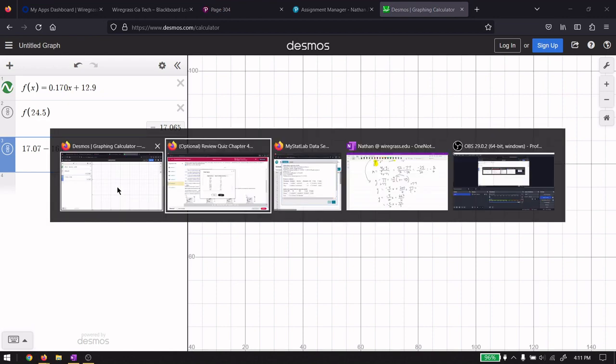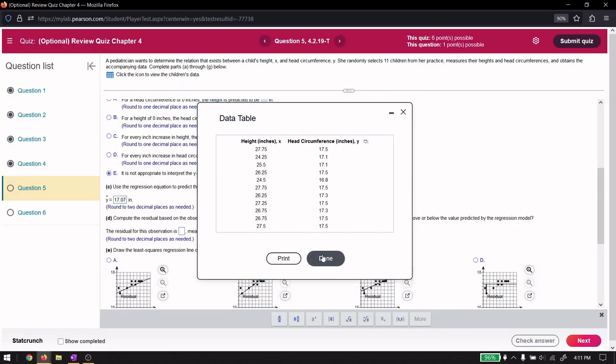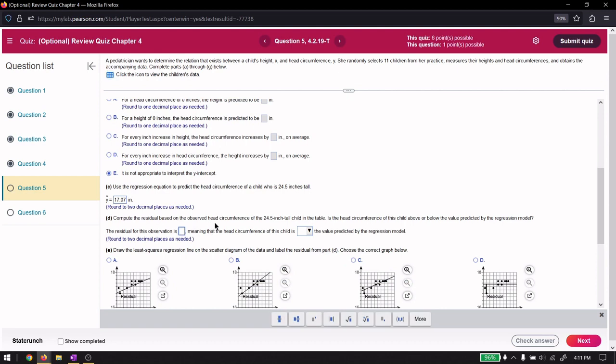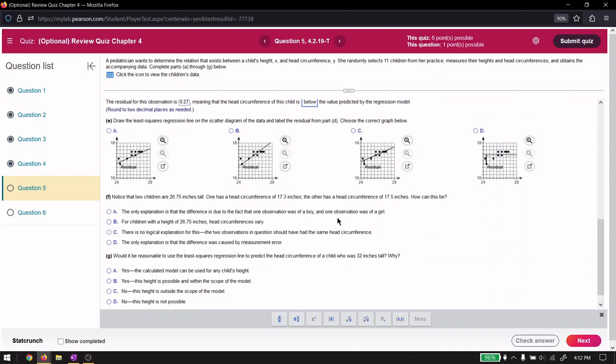So that's the difference between the observed and the model. The residual for this observation is 0.27. The model predicted 17.07, which was higher than the actual, meaning that the actual is below average. The head circumference of this child is below the predicted value. We predicted 17, it actually was 16.8, so it's below the average that we predict at the very least.